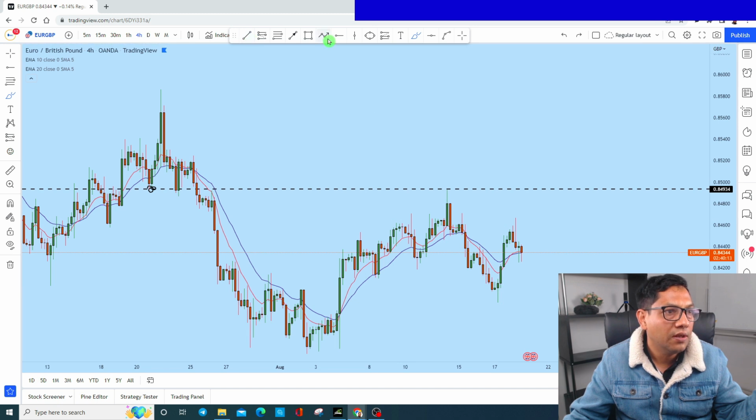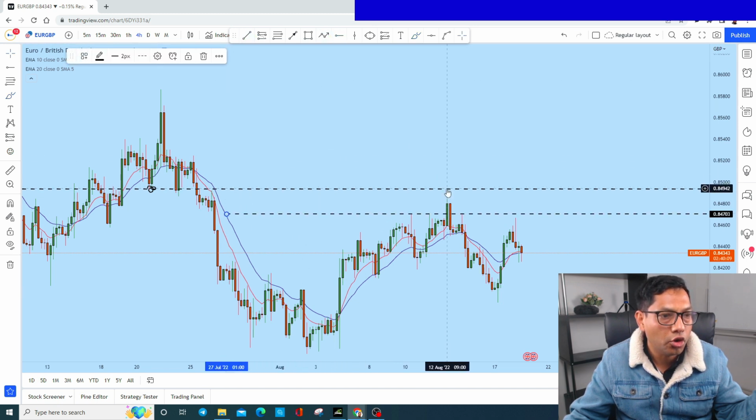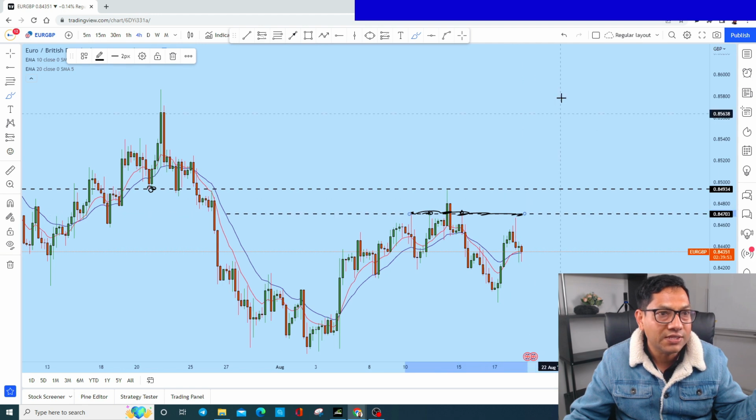If you draw a level here as well, first of all this is the point of interest for selling, and the sellers sold from here, it has broken down, and the price went above. Now this level is being respected quite a few times, with this left shoulder and right shoulder. So this is the resistance, this is where the sellers were selling.